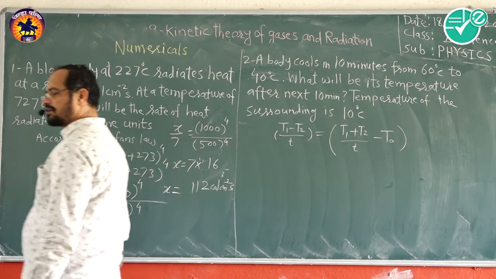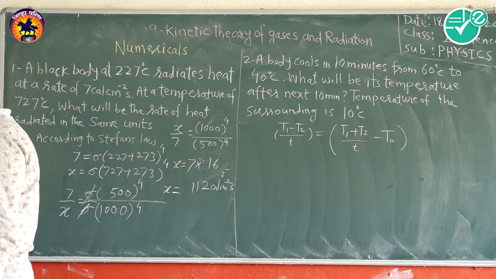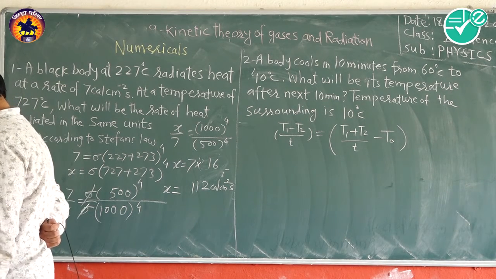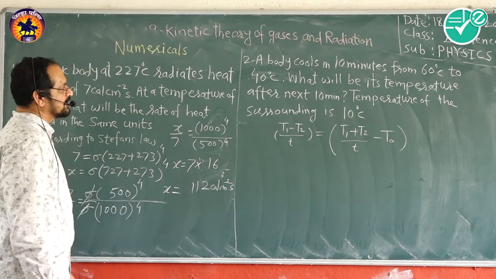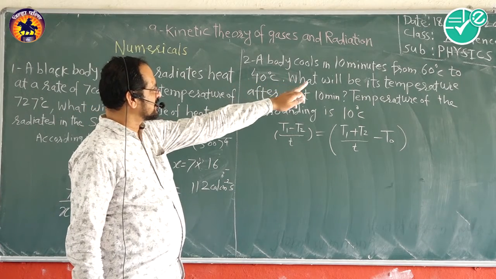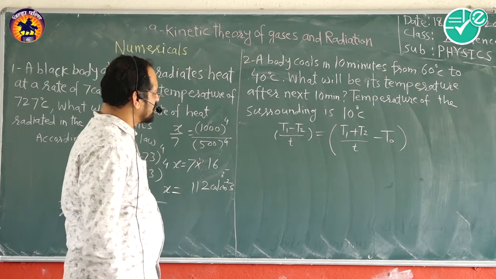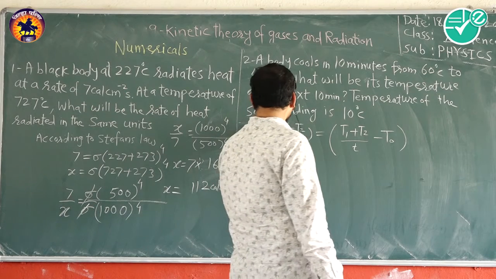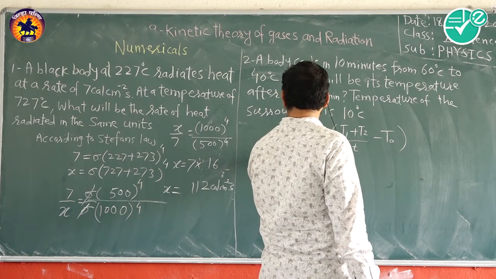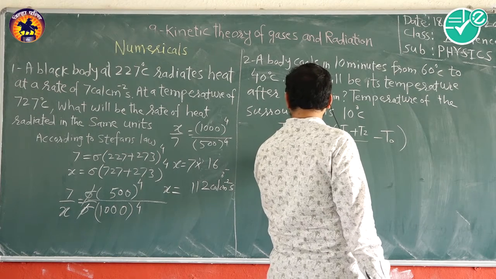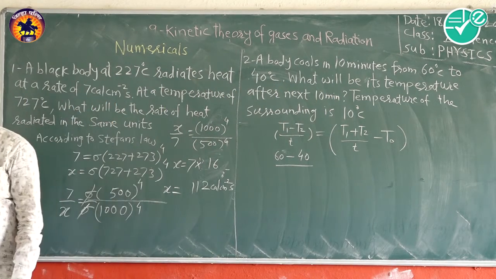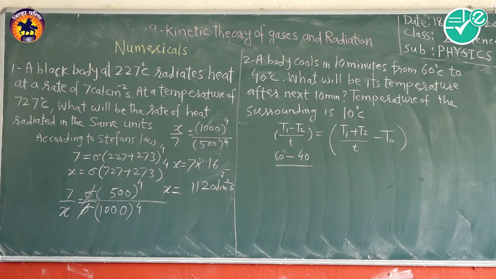According to Newton's law of cooling, we will substitute the values. Here a body cools from 60 degrees Celsius to 40 degrees Celsius in 10 minutes.